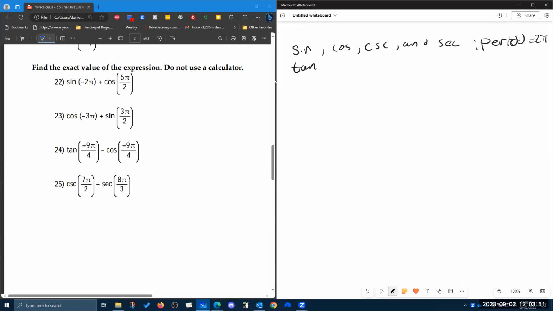Tangent and cotangent have a period of pi radians.